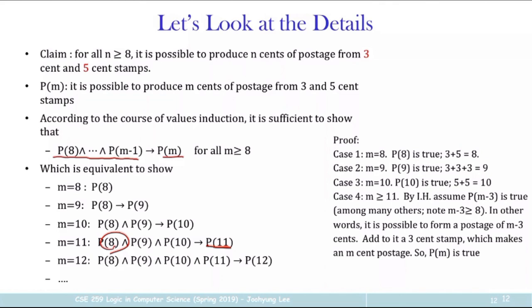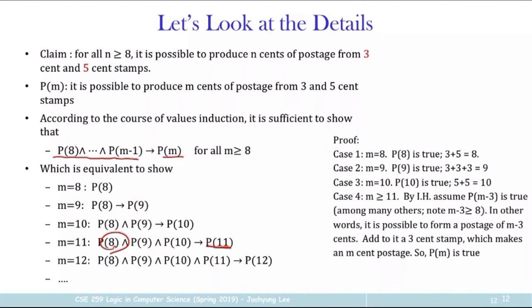But now, with case 4, when m is greater than or equal to 11, now we can safely use induction hypothesis. Because when m equals 11, then 11 minus 3 is 8, and 8 is allowed to be assumed by induction hypothesis. Okay, this whole thing starts from n equals 8.